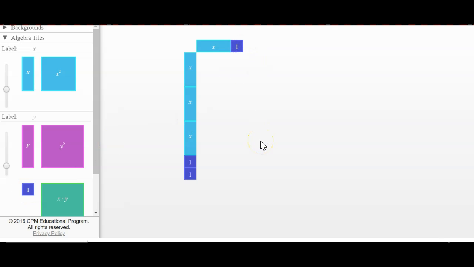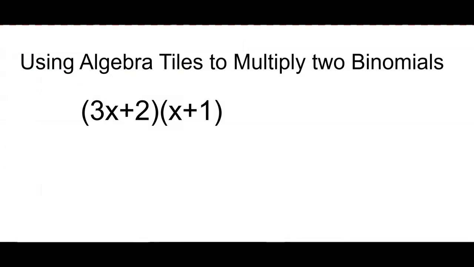And so now we can go through and multiply these two. Let's just check and make sure I got the problem copied right. 3x plus 2 times x plus 1. So x times x gives me x squared. And then we've got x times x again, which gives me another x squared. x times x one more time gives me x squared there.